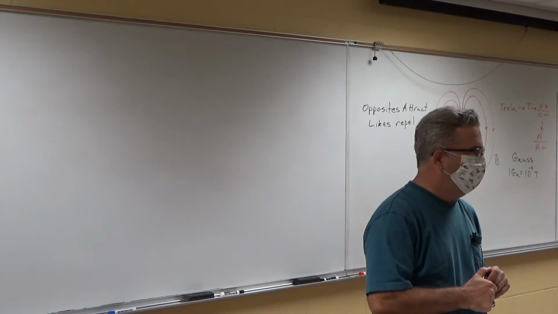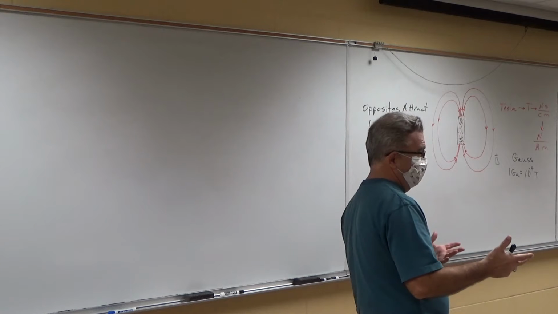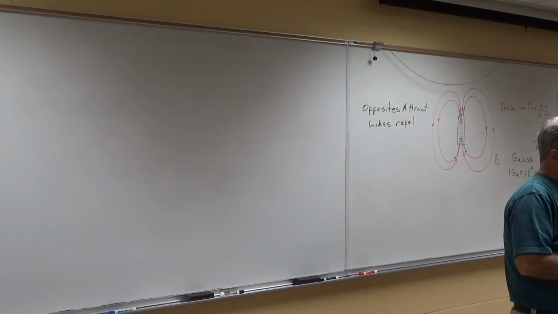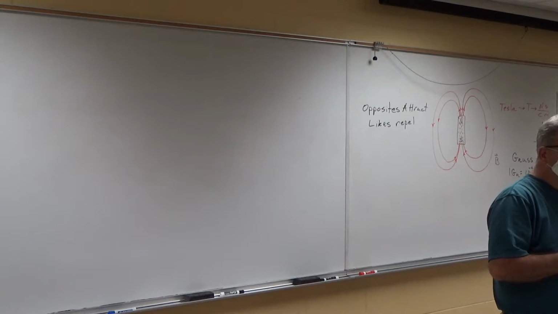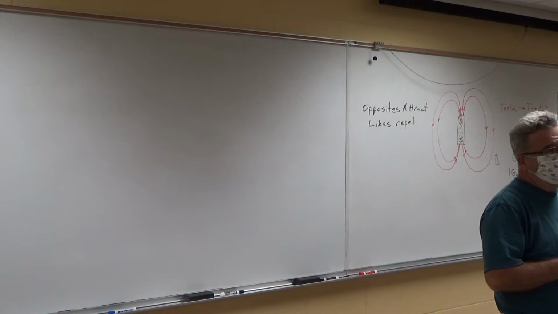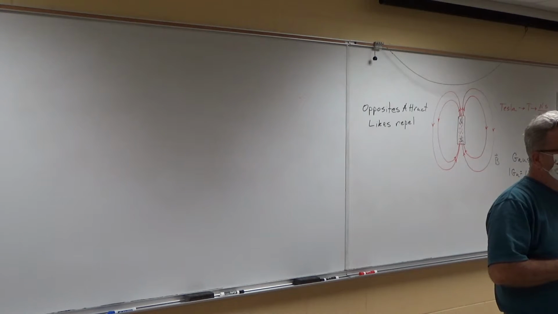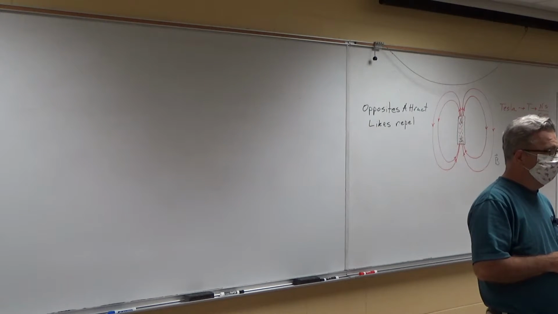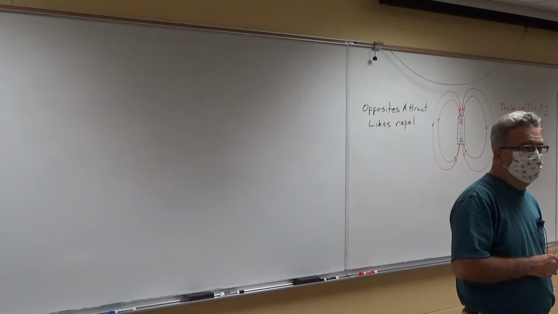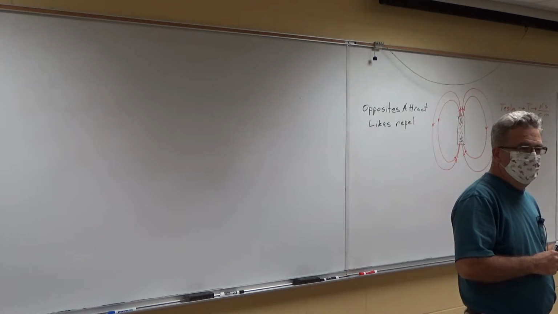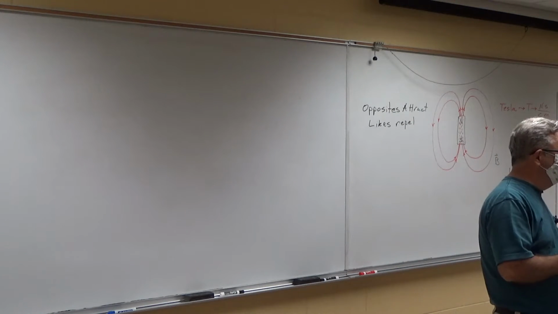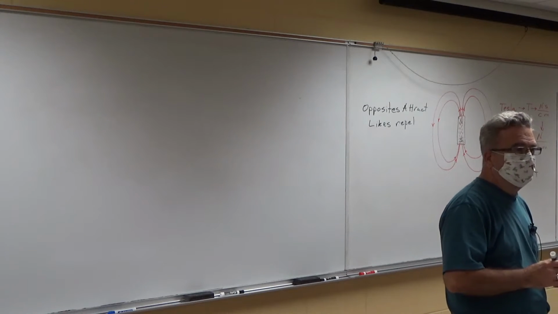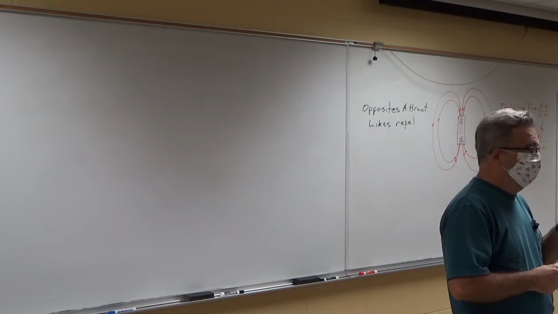MRIs, if you've ever had one, are usually 2 or 3 Tesla, depending on how closely they want to look at you. I would say 4 max, maybe. In comparison, the Earth's magnetic field is roughly about a Gauss at the most. So you're going from 1 Gauss, Earth's magnetic field, to 50,000 Gauss or so. A Tesla is a very dense field.